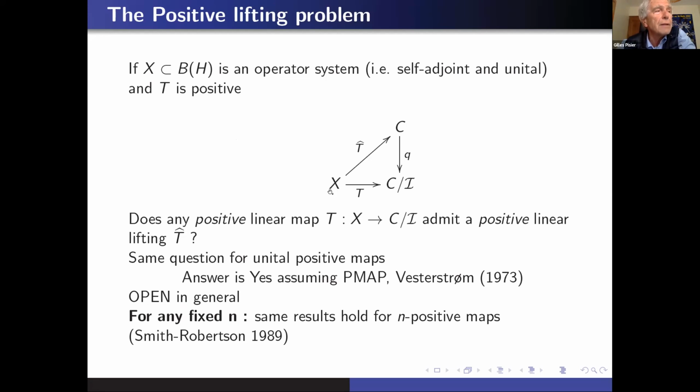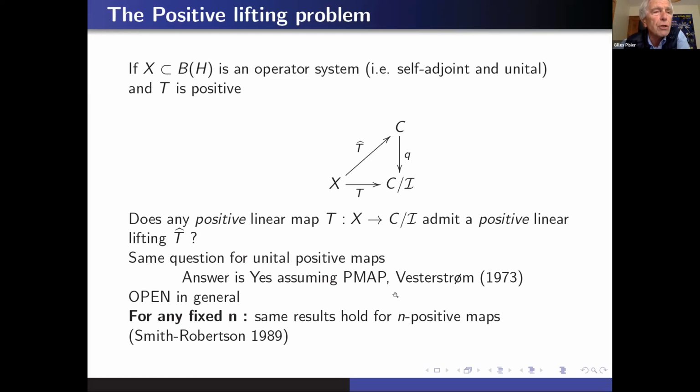Is it true that positive maps lift to positive maps? In the unital setting it will more or less be automatic. It's the same question as asking whether unital positive maps admit unital positive liftings. Again, the answer is yes. This was proved by Wittstock, and Anderson at the same time, though I think Wittstock was a little bit before.